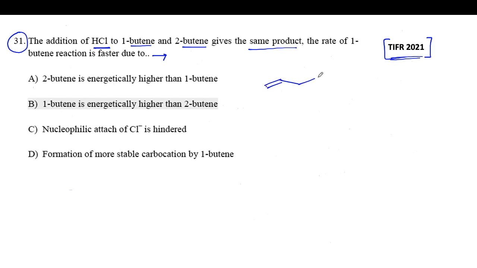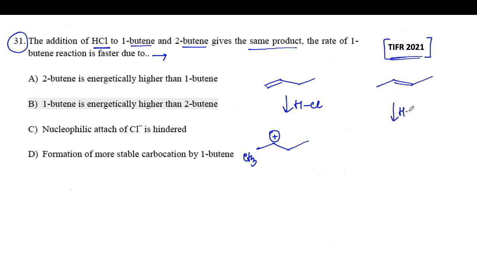1, 2, 3, 4. This is your 1-butene and this is your 2-butene. So it is saying that okay, you are adding HCl over here. If you're adding HCl in this molecule, it's going to give you this kind of an intermediate.